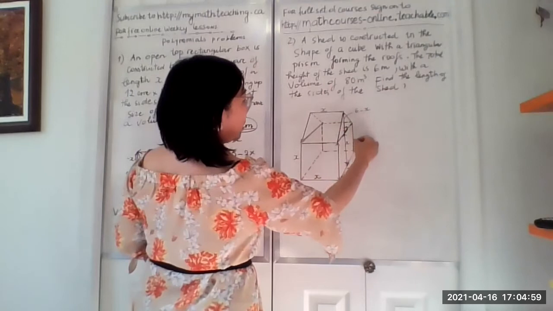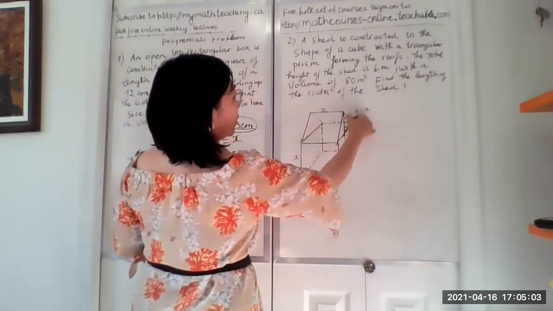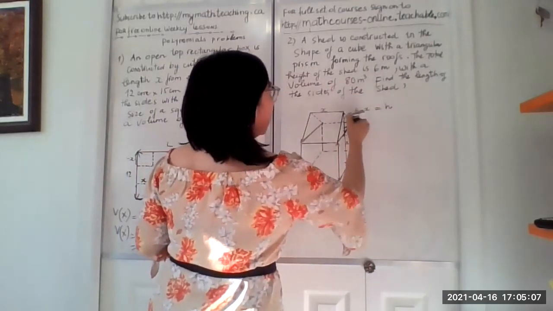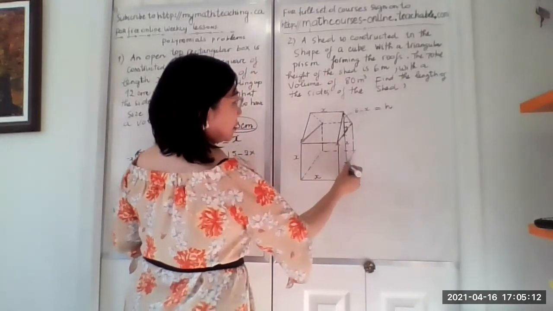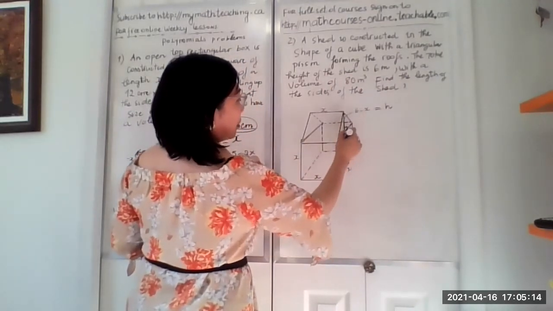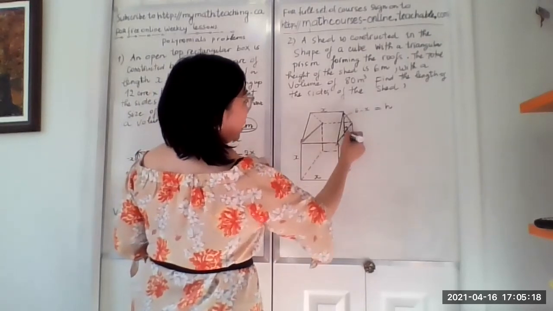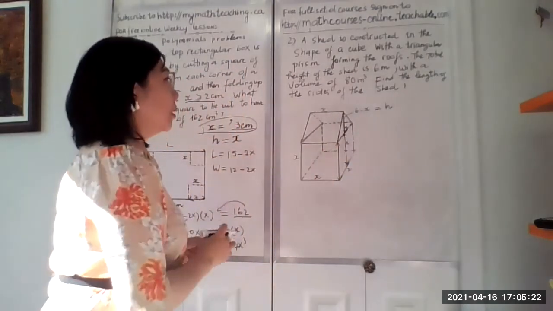Fortunately, we know from here to here is x, the same as from here to here. So to figure out the height of the triangle, it equals all the way from here to here, 6 meters, minus x meters. So 6 minus x is the height of the triangle.